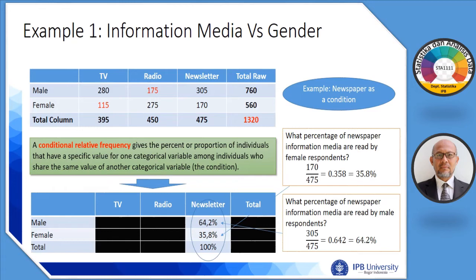But from the calculation side, from 475 respondents, there are 305 male respondents. So the percentage is 305 divided by 475, and you can get 64.2%. Therefore, the total between the two items is 100%. I hope it is clear for you to understand the conditional relative frequency. And then you can also calculate for another issue.